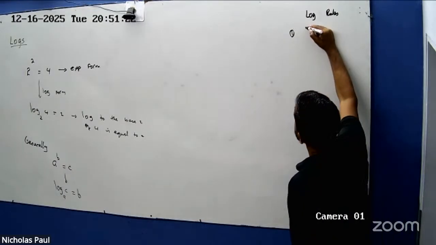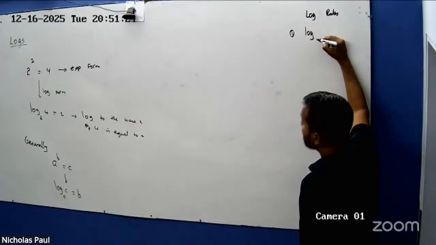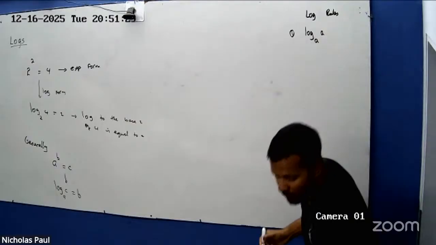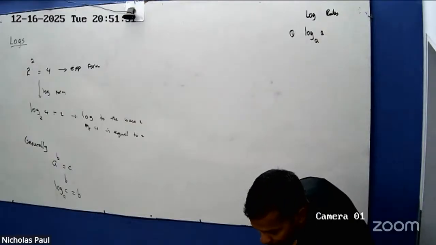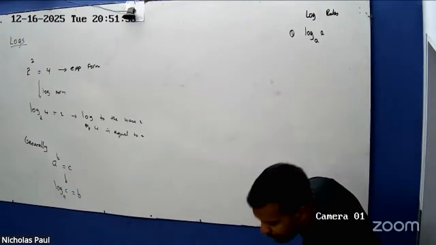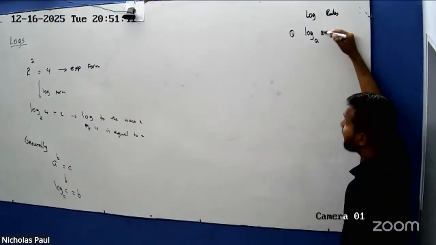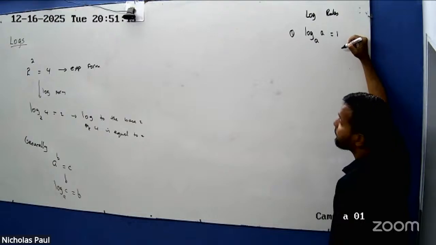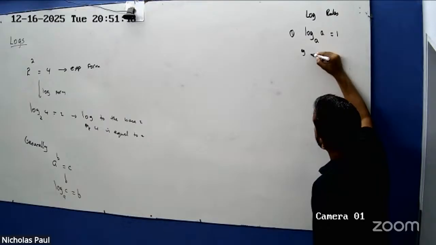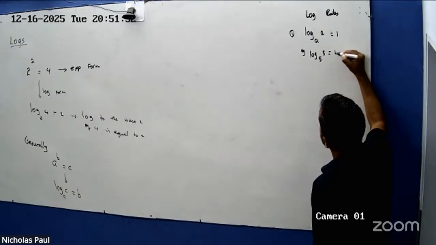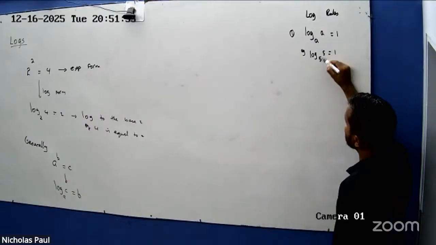First one, whenever you have log A to the base A, the answer will always be 1. Small example: if you have log 5 to the base 5, that answer will always be 1, once these two are the same.